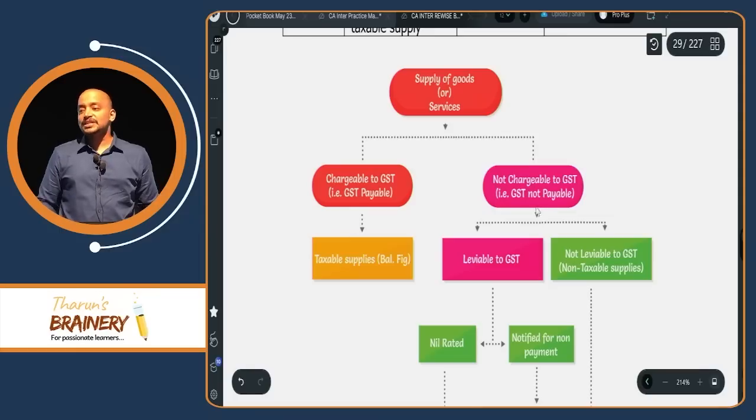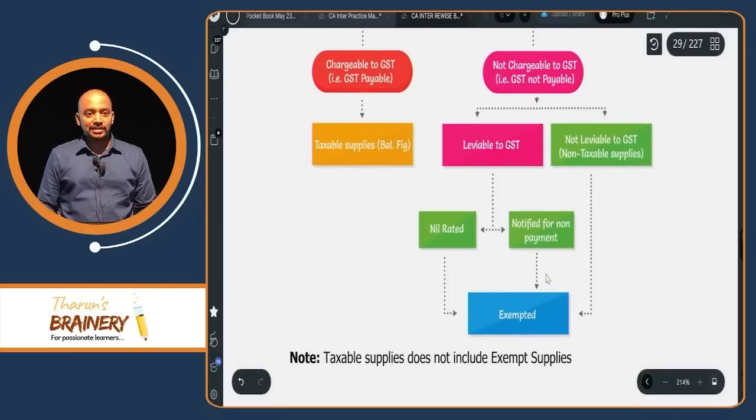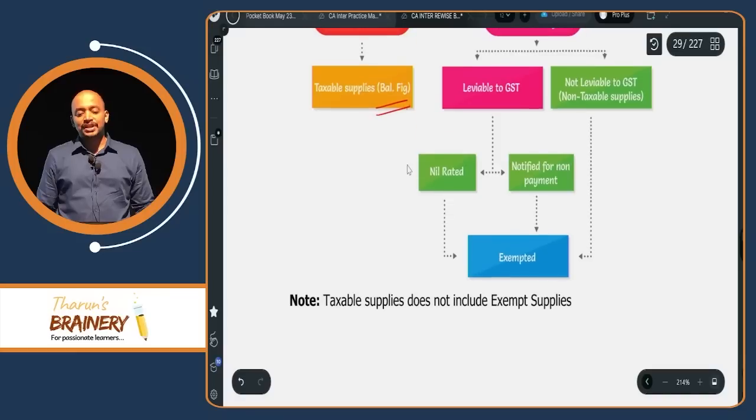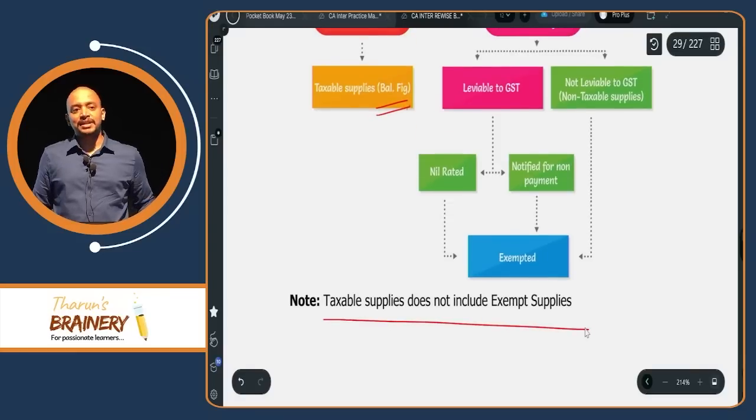If it is not chargeable to GST, maybe it is notified for non-payment, or maybe it is nil rated, or maybe it is not at all covered. So taxable supply is the balancing figure. It is a conclusion that we can draw from this: taxable supply does not include exempted supplies.